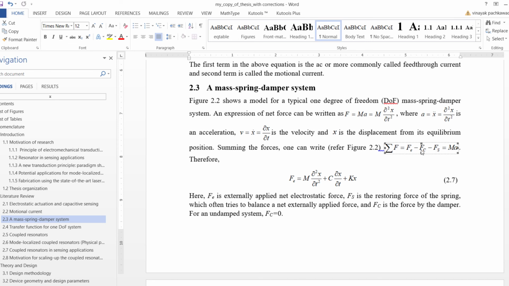Note the directions, they are negative because they are opposing the applied force, and the summation is equal to Ma, indicated over here in this expression.